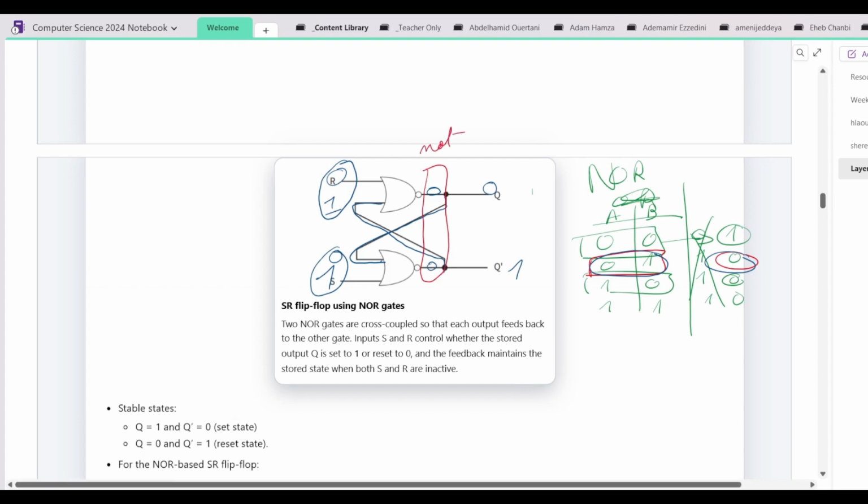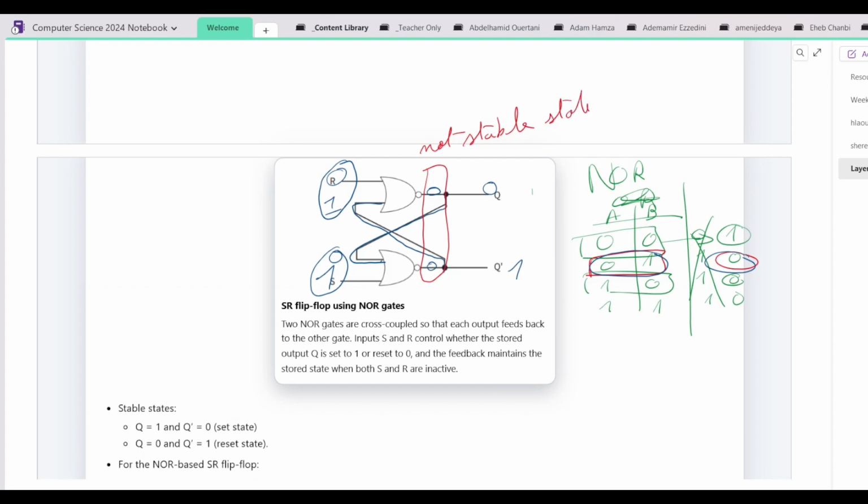This is not a stable state. In other words, it is impossible to happen. We cannot stay here. The system will not stay here. The circuit will not stay here. This is not stable. The circuit will continue to feed the 0 here and the 0 here.